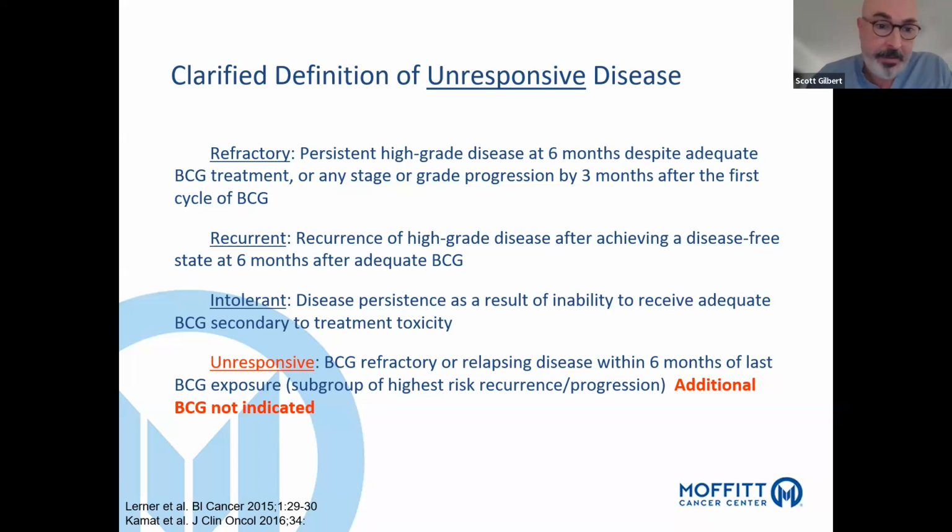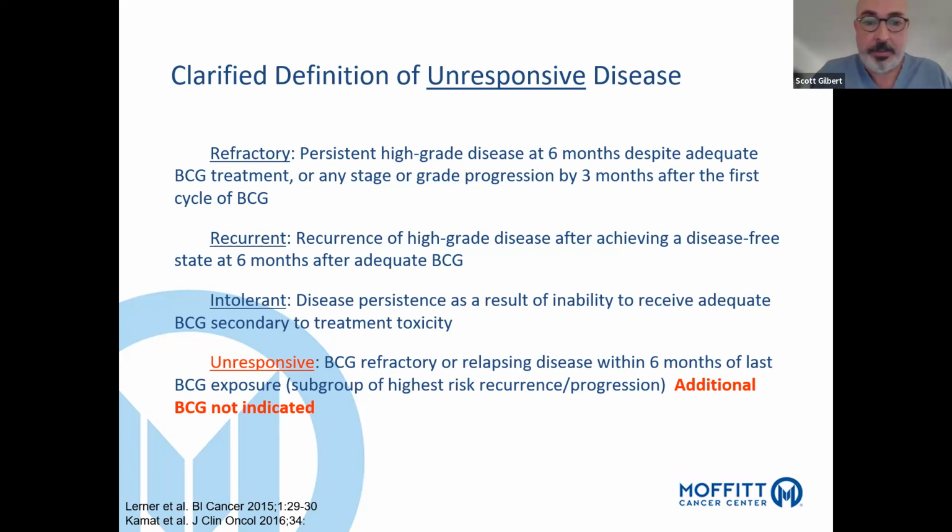So this typically is a heavily treated patient population. They've usually received at minimum an induction of BCG plus 1 maintenance or 2 inductions. Sometimes they've received 2 inductions plus over a year or 2 of maintenances, and then they have a recurrence.